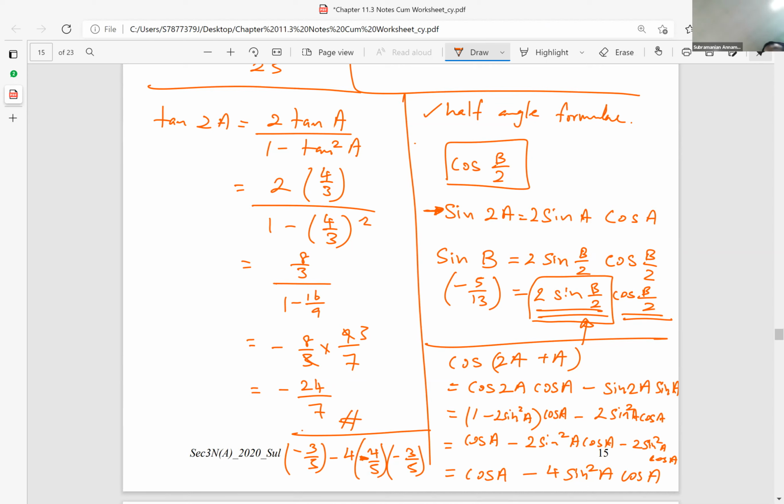Okay, so someone help me with the calculator. Then you can get the answer here. I'm just substituting this. Oh, need to square. Remember to square this. Yeah, and you have a cosine A.